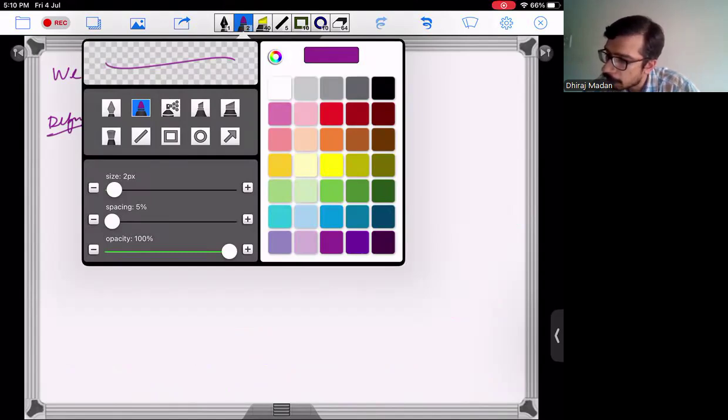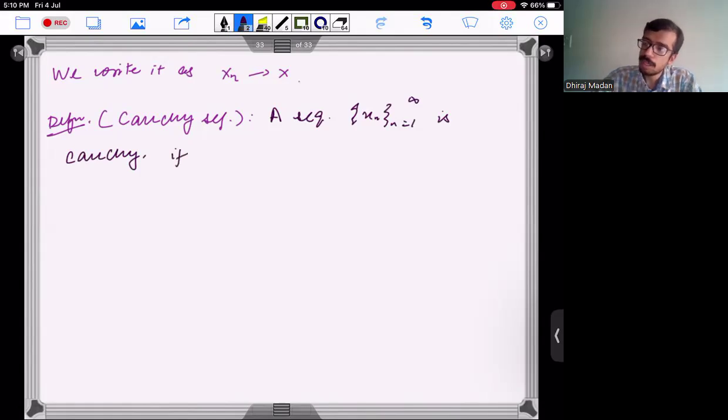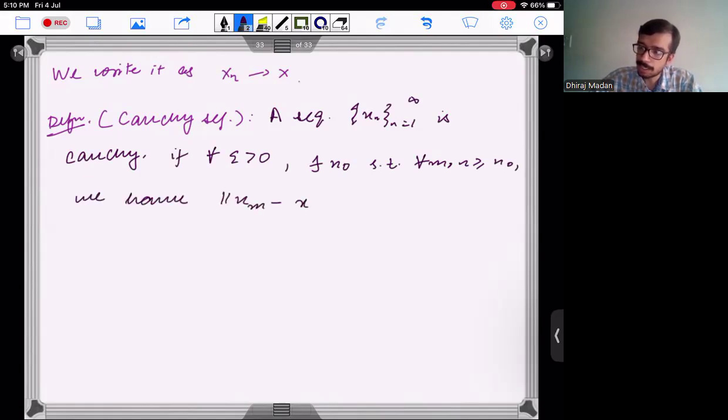So a sequence xn, n from 1 to infinity, is Cauchy if for all epsilon greater than 0, there exists an n naught such that for all m, n greater than or equal to n naught, we have that the norm of xm minus xn is less than epsilon.